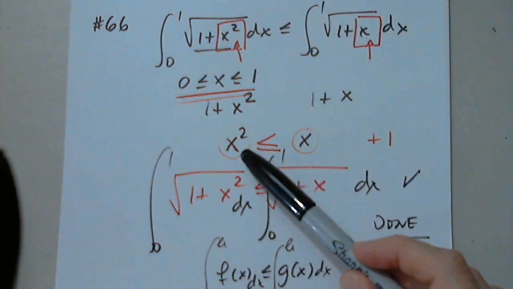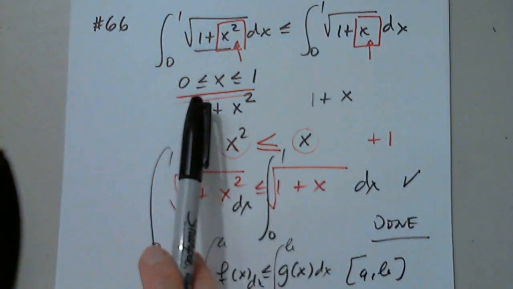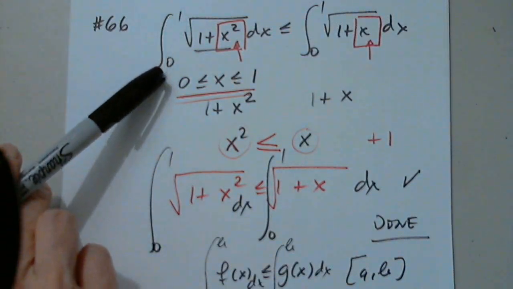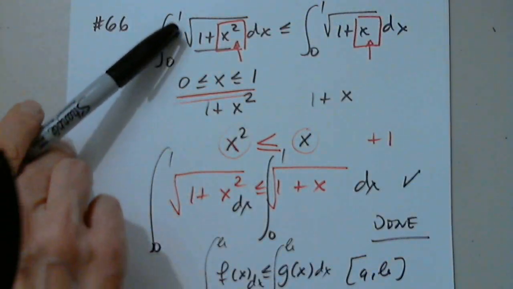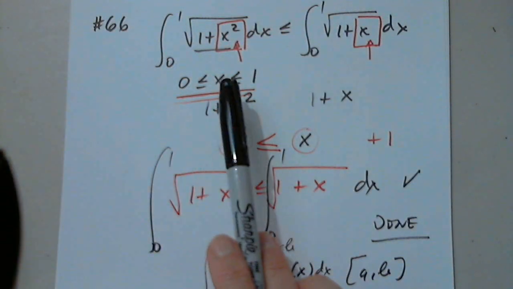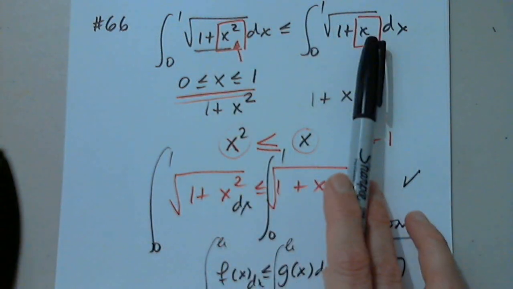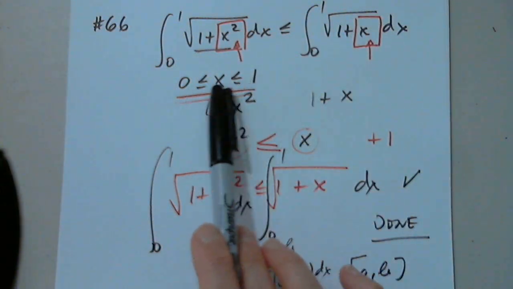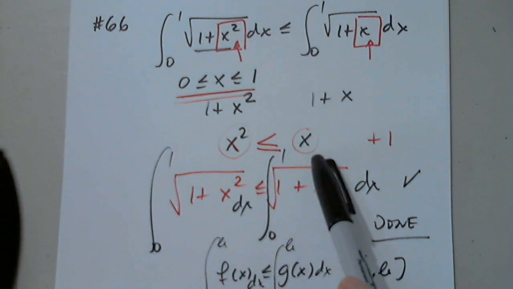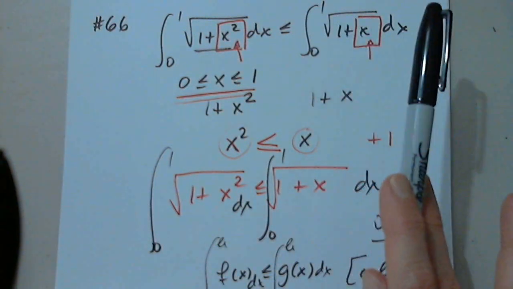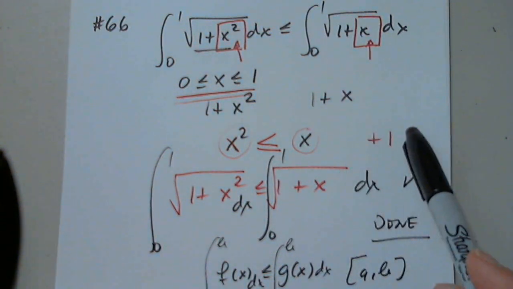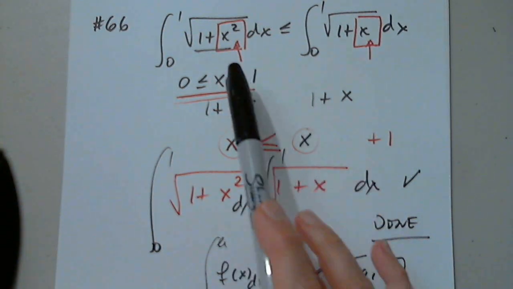So we only discussed starting with x, if x is between 0 and 1, because that's what we have. The 0, 1 come from here. So then we analyze the fact that we have x squared and x. Well, on this interval, x squared must be smaller than or equal to x. Guaranteed. Then I'm adding 1 to both sides.